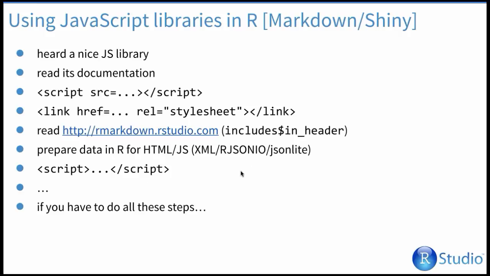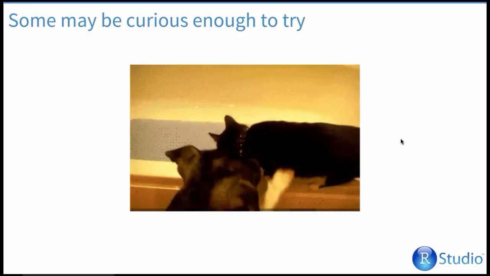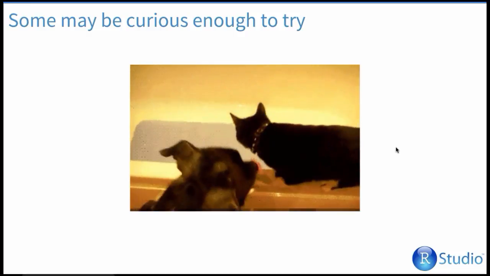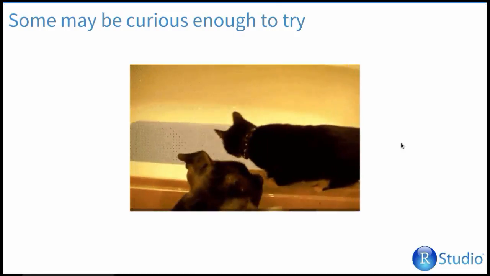Our goal with htmlwidgets is that you don't need to take care of all these details. You just write a simple line of R code, and the htmlwidgets package will include everything for you. Just to illustrate the complicated process: when you see a cool JavaScript library, you may be curious enough to try that out, but you may just jump out as soon as you find the water is too deep.